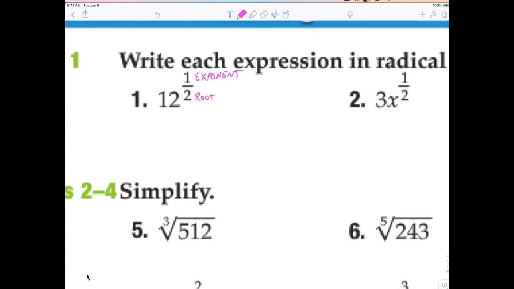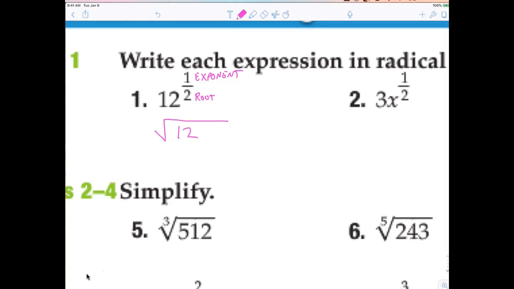So if I'm going to convert from an exponent to a radical, this represents the square root of 12. Now, how does it represent the square root of 12?